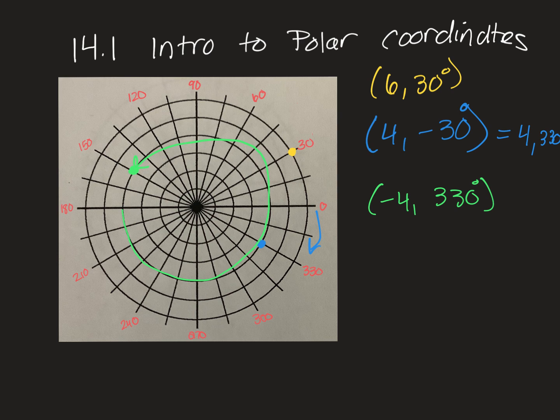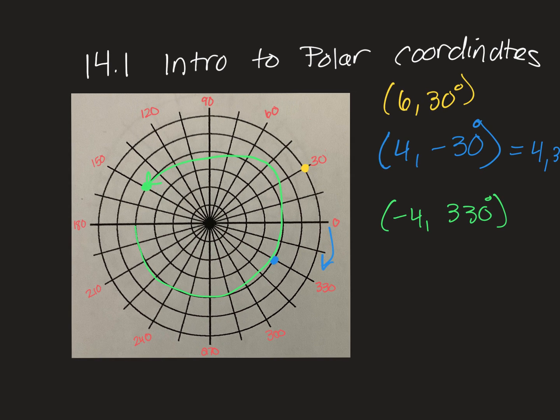So that's what they have for, let's see, -3. I need another color. Let's do pink. So then when they have -3 and 330, again, you go out.